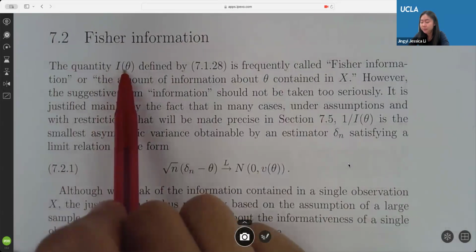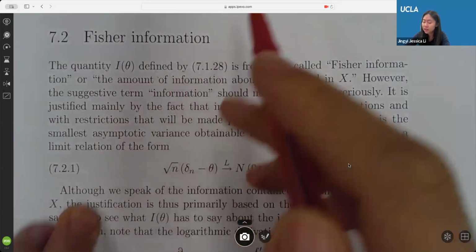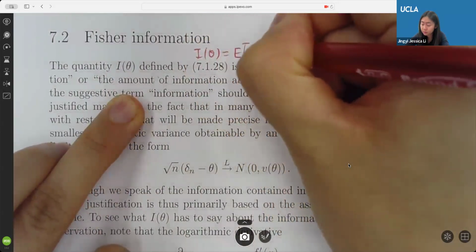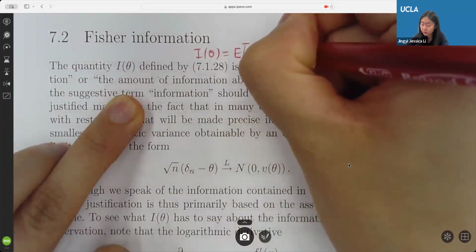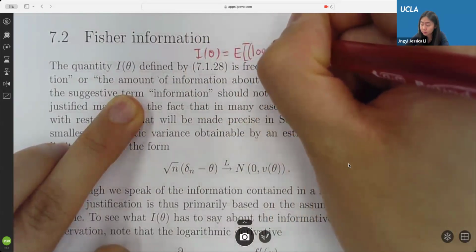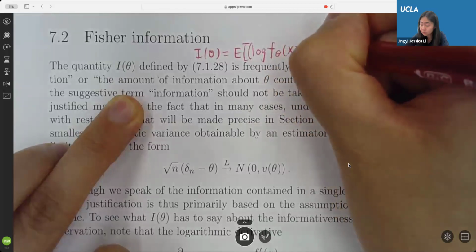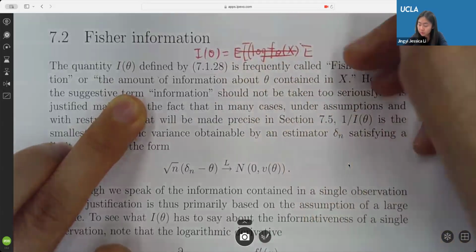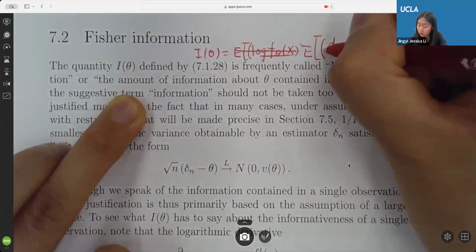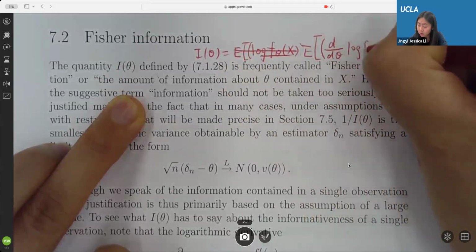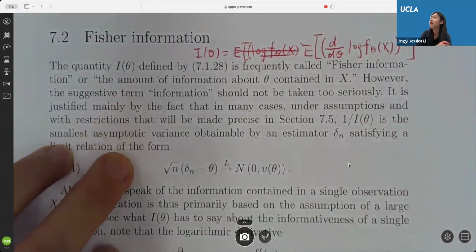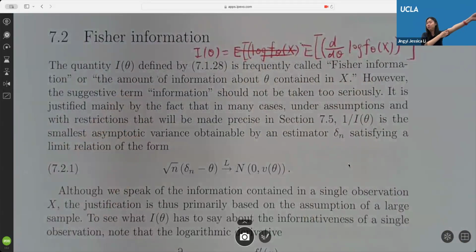So the quantity I(theta) is defined as the expectation of the square of the derivative of the log likelihood, d theta log f theta of x, squared. This is the definition of Fisher information.